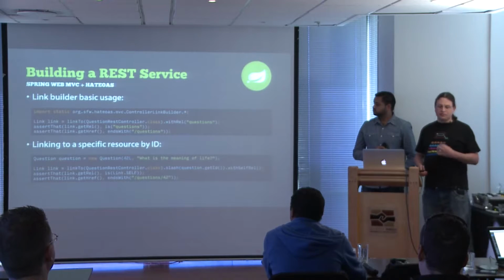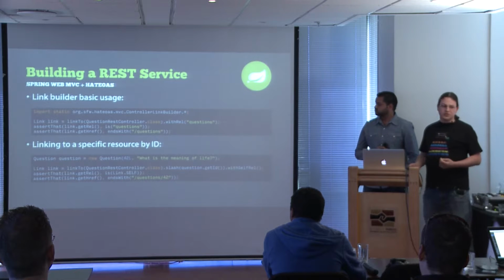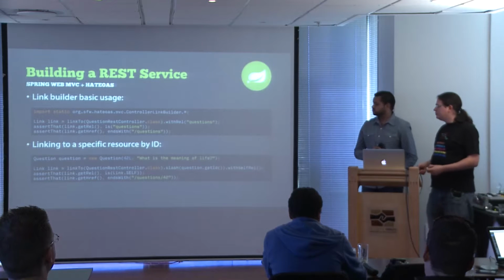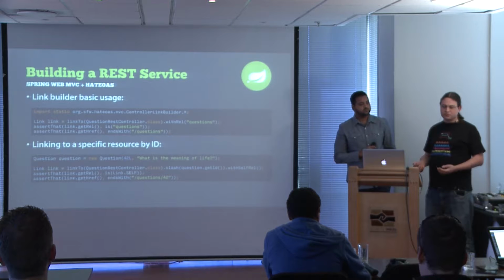The next one they've got is the link builder. So the link builder basically helps you to construct these links. So there you can basically tell it that we've got a question controller and we want to link to that with rel questions. So what that will do is it'll use the annotations to see what the context path would basically be that's exposed by that controller.